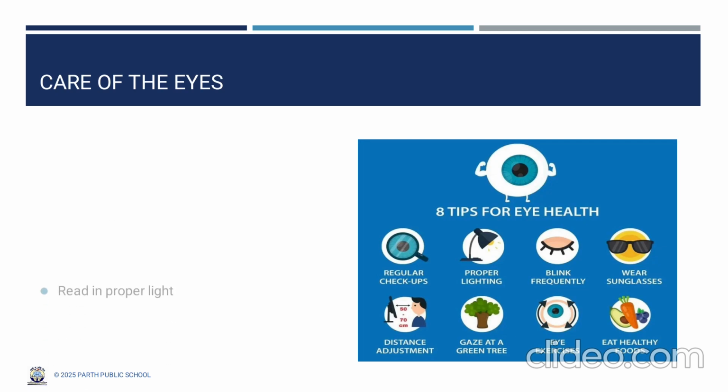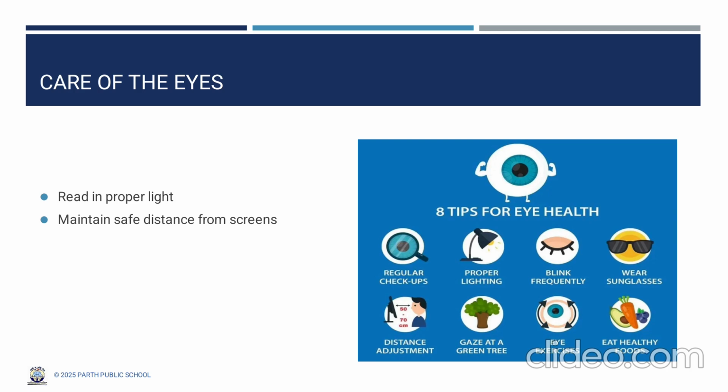Now, because the eye is the most important part of the human body, we need to take care of our eyes very carefully. Here are 8 tips so that our eyes can remain healthy. First, we should visit a doctor for regular checkups.